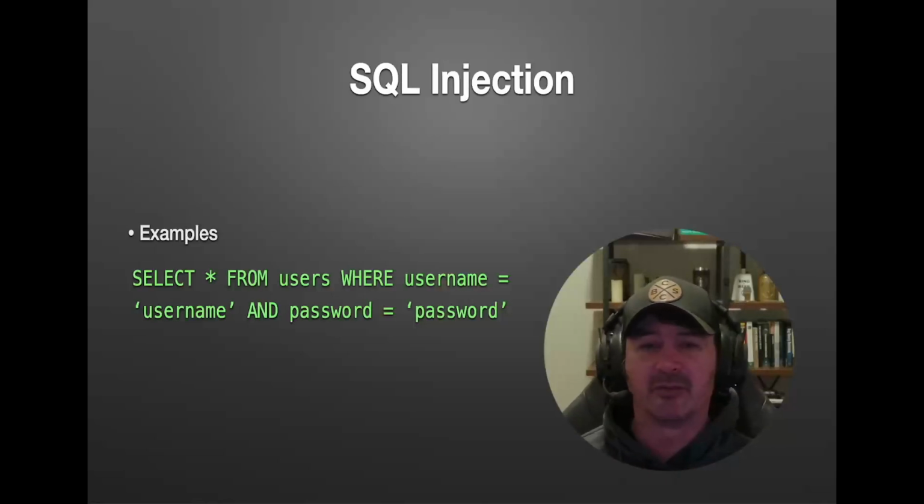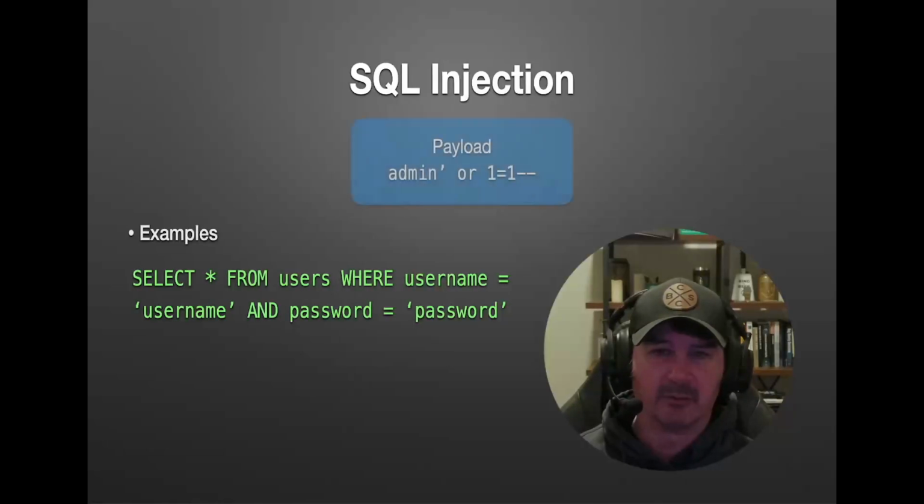So if you consider just a generic authentication query, it might look something like this. Select star from users where username is the username that you give it and password is the password you give it.